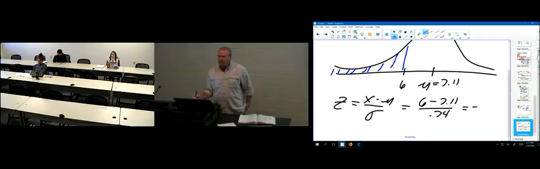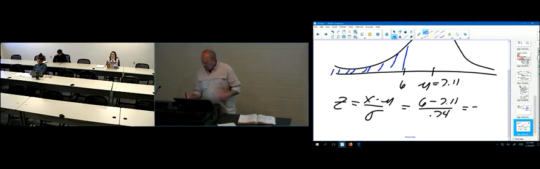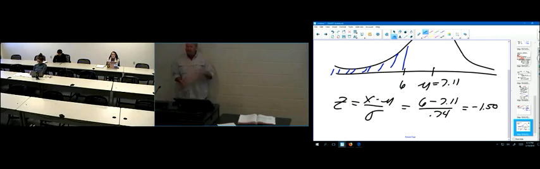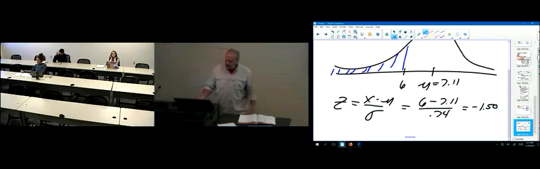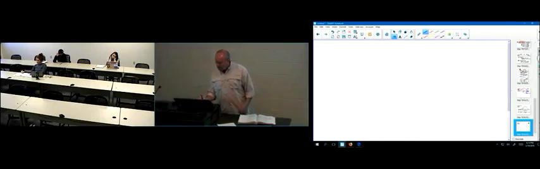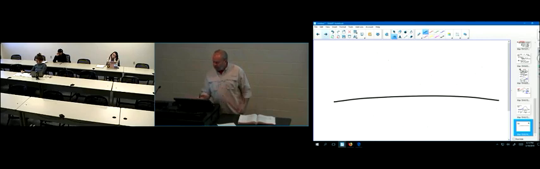I got minus 1 point something again. What is it? Negative 1.5, and I'm going to throw the 0 in. Does everybody understand why it's negative? It's negative because the 6 is actually smaller than the 7.11, so you are to the left, right? 1.5 standard deviations.